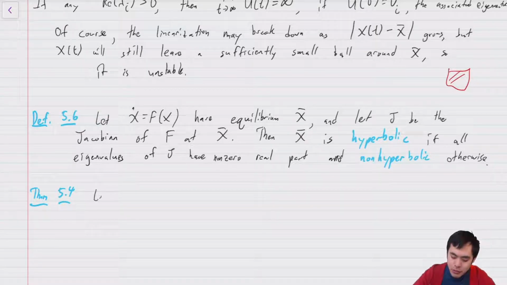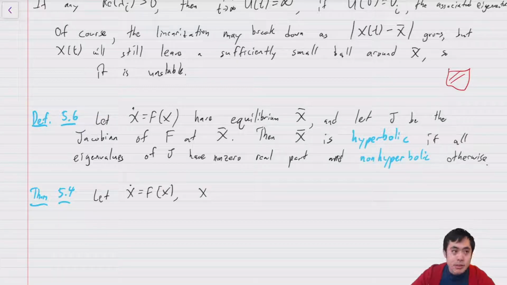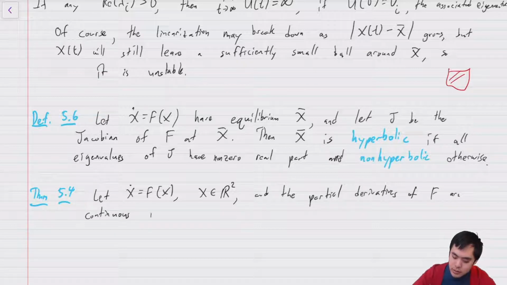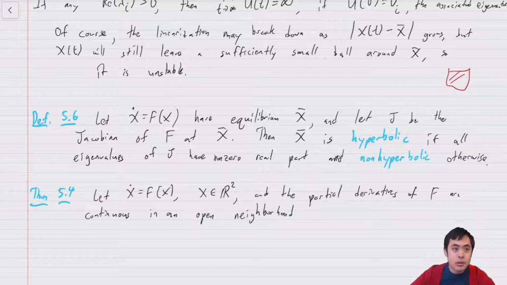So in Theorem 5.4, we have the same setup, x in r squared, and the derivatives of f are continuous in an open ball, an open neighborhood of an equilibrium x bar.